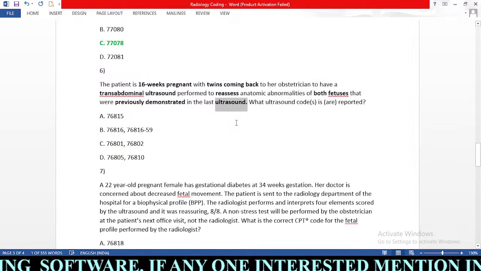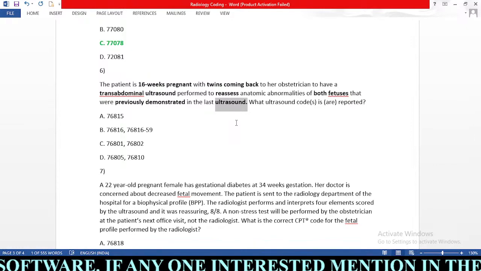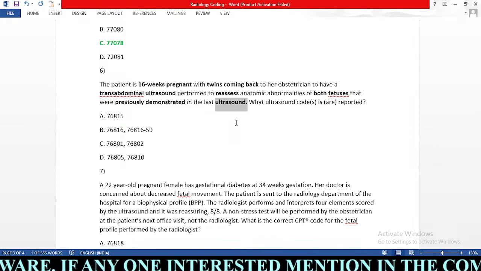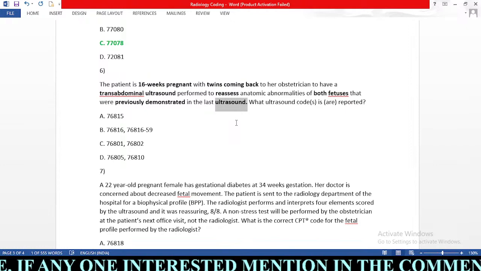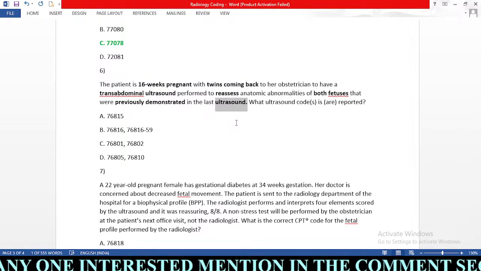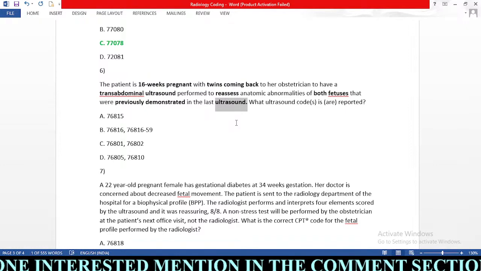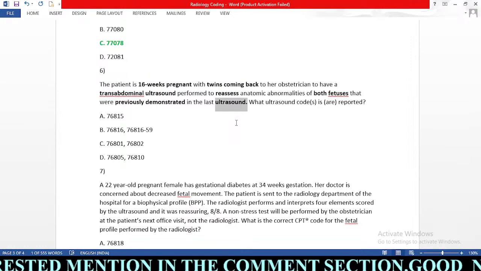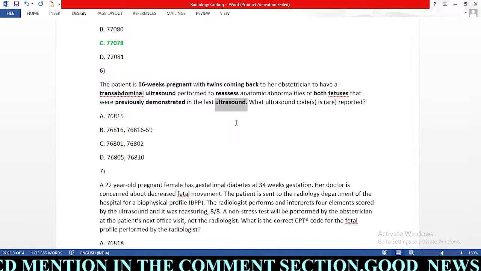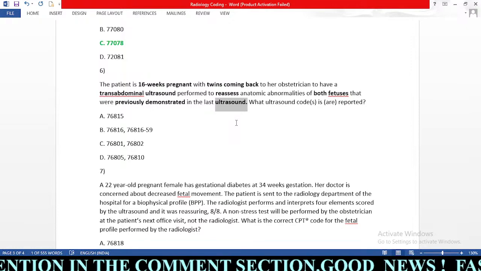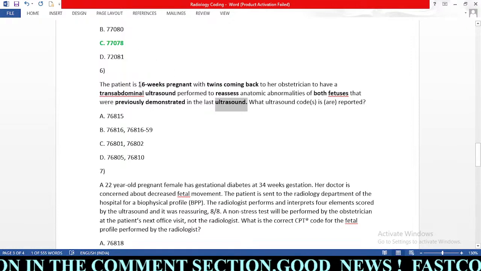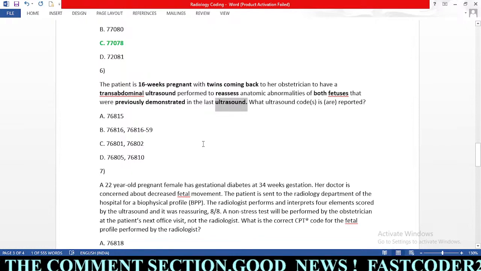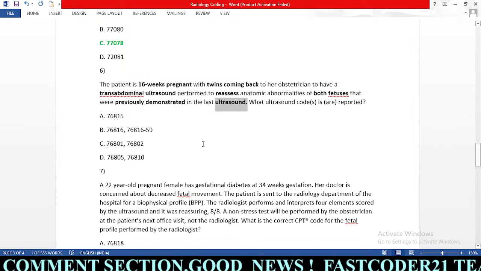So we will check first 76801. So what is 01? Ultrasound, pregnant uterus, real time with image documentation, fetal and maternal evaluation, first trimester. So directly we can eliminate 76801 as it is related to less than 14 weeks. But based on our scenario, we have 16 weeks pregnant. So we can eliminate 76801 now.